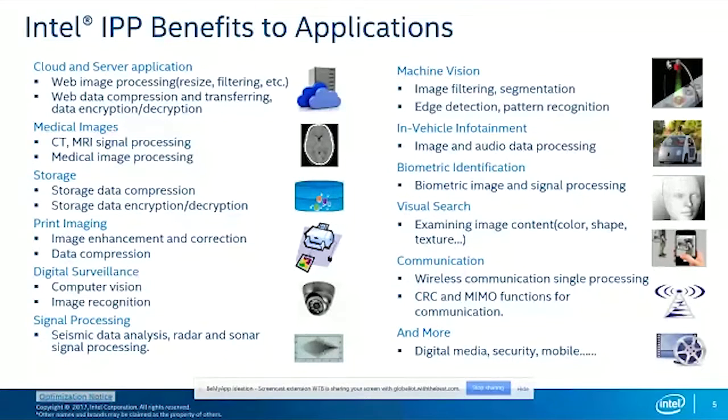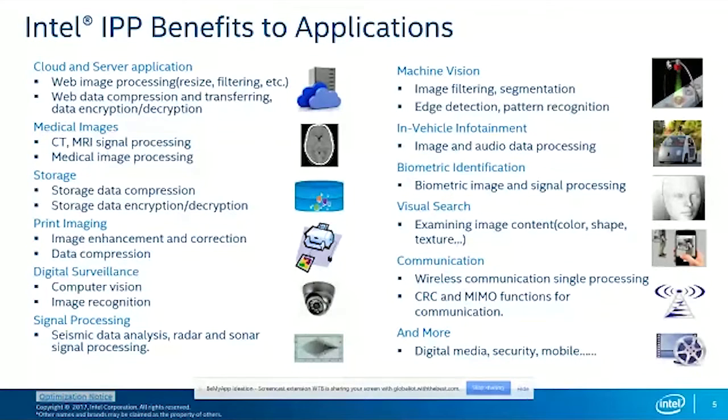So if you have code that relates to signal, image, data compression, or data encryption problems, these libraries provide very fast, optimized implementations for applications. Also, why is the Intel team working on this library? A typical reason is that we want to optimize these libraries for different processors.